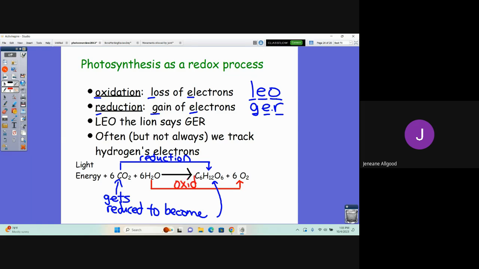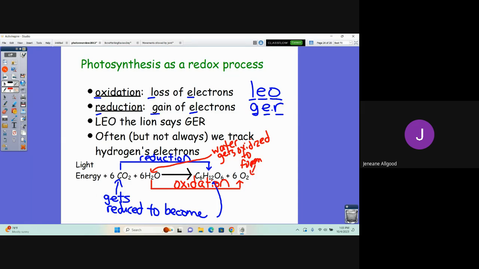So along this red arrow, we're going to write the word oxidation, and we're going to say that water gets oxidized to form oxygen.